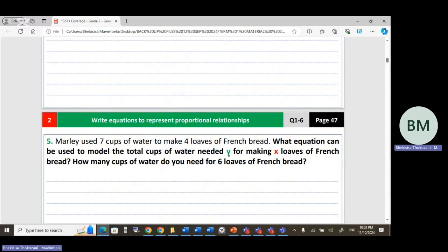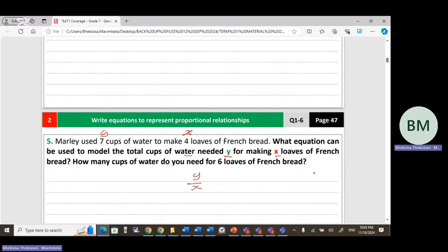And they even told us that water represents your y and the x, your loaves. So you'll probably have something like this, your y over x. So remember now, this would be your y, and this would be your x.